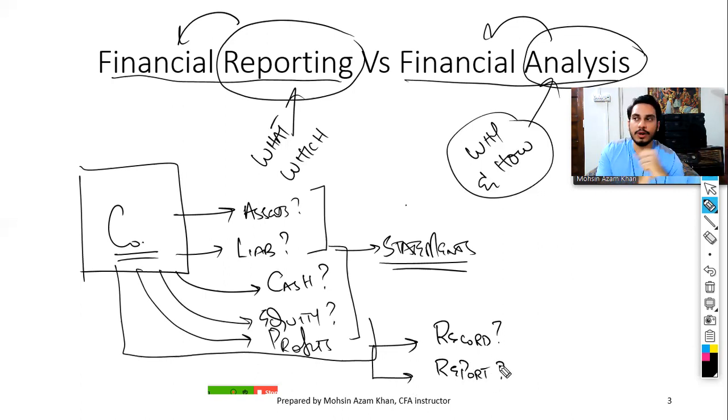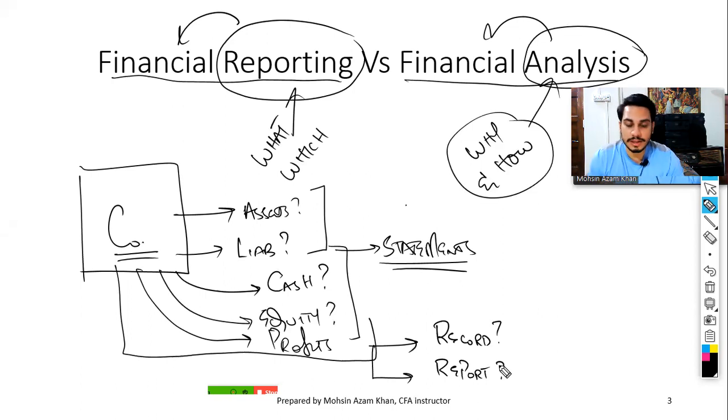Like profit: do I show that profit in the bank statement? Do I show it in the income statement? Where do I need to report profits? So in financial reporting, two things come up: record and report.